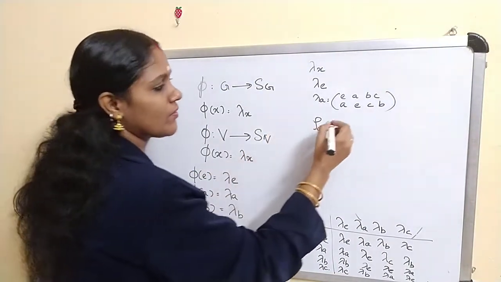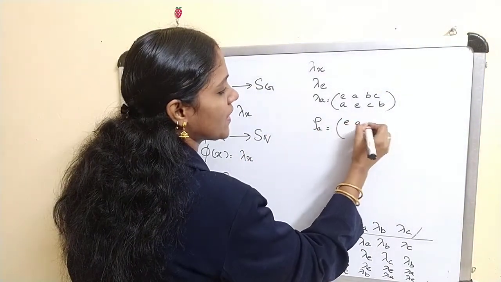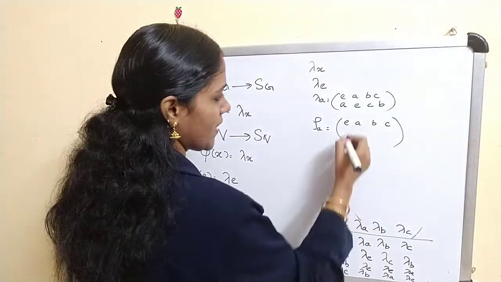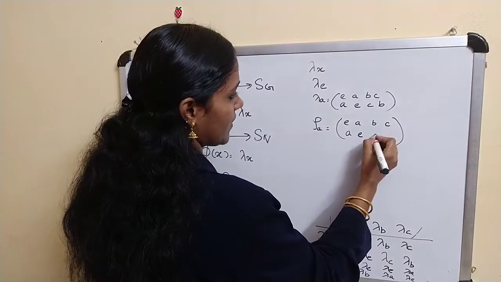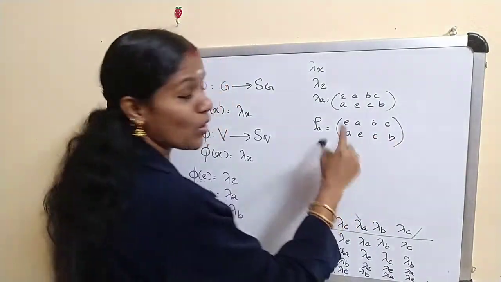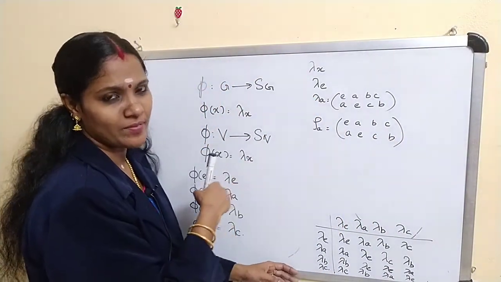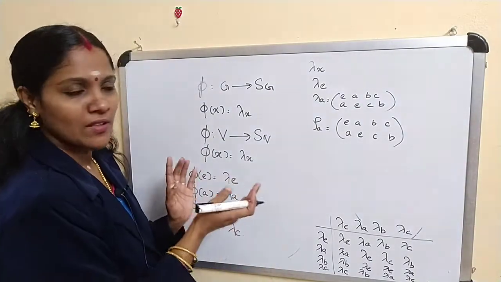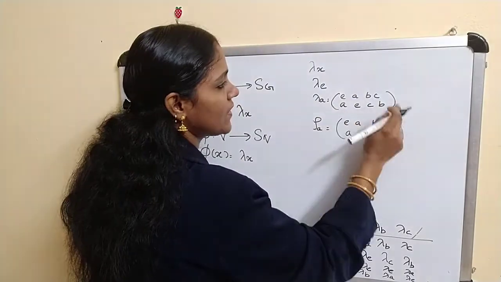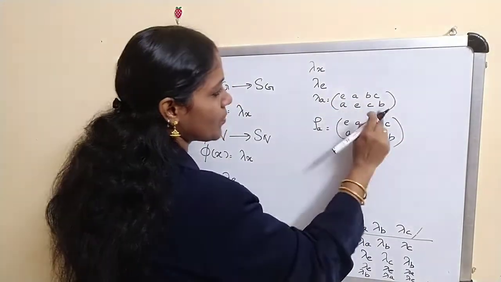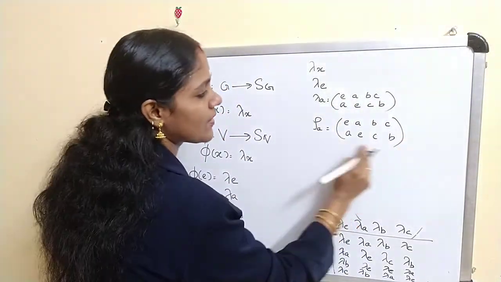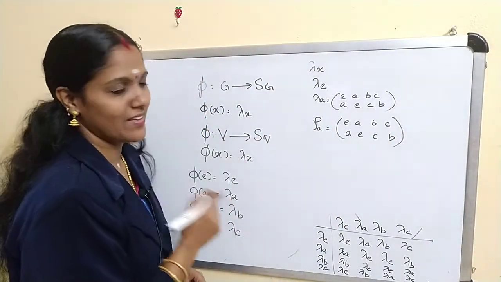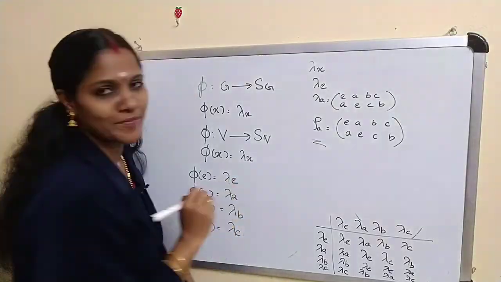Actually, row A you will get permutation E, A, B, C. If you look at table, you will get A, E, C, B. This is actually column corresponding to A. So left regular representation means you will get here permutation as a row corresponding to A. Here you will get permutation corresponding to column corresponding to A. Just remember this.